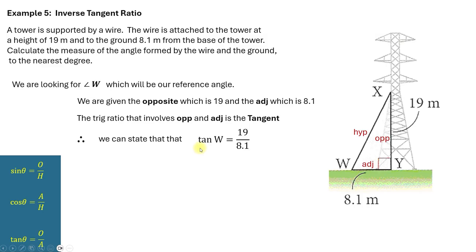So we can state that the tangent of angle W is 19 over 8.1. Now if the tangent of W equals this fraction, then W by itself equals the inverse tangent of 19 over 8.1. We plug those values into our calculator, and it gives us an angle of W of 67 degrees.